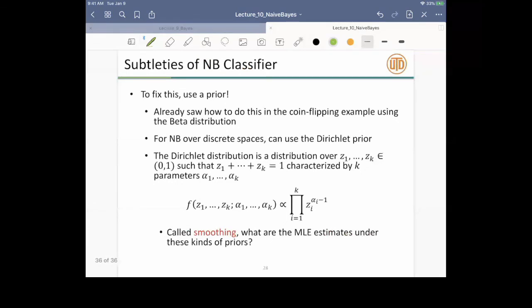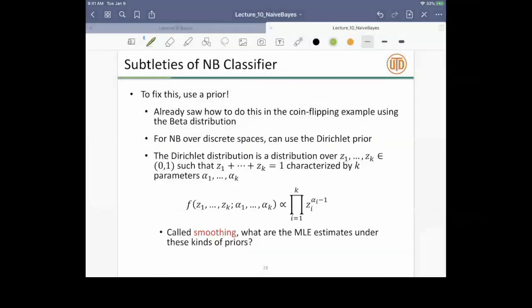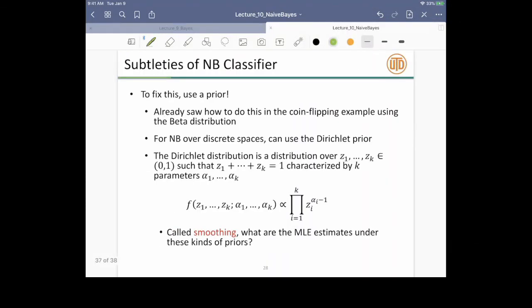This is the last slide. I'm not deriving this, but a Dirichlet distribution has parameters alpha 1 to alpha k, where k is the number of labels.